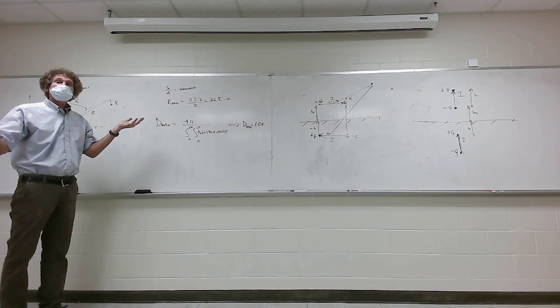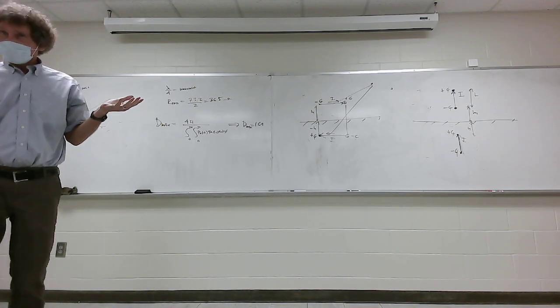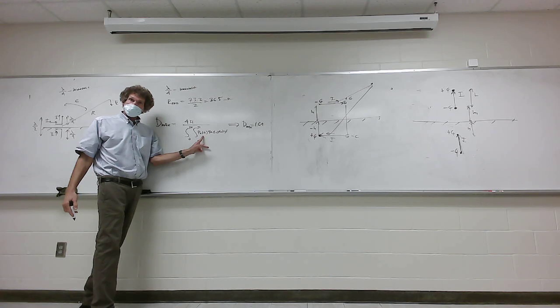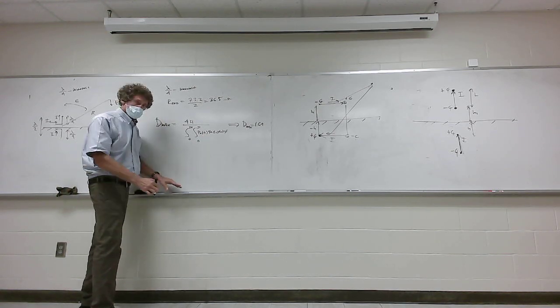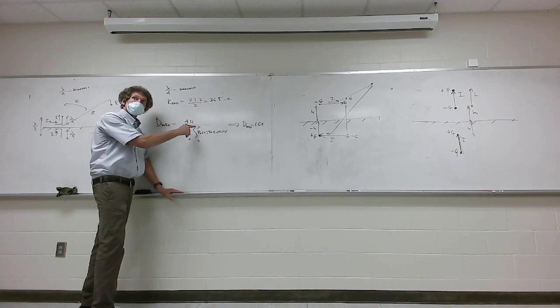Well, since the angular variation for the half-wave dipole and the quarter-wave monopole are the same, P normalized is the same, right? But what changes? We don't radiate from 0 to pi. We radiate from 0 to pi over 2, or 90 degrees.